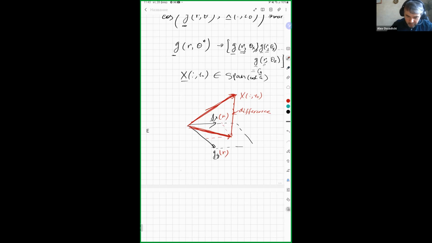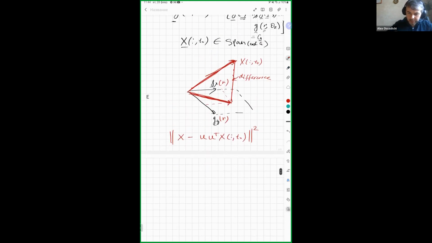And if you remember, we were trying to minimize something, u transpose x of t0. We were trying to minimize the norm of this vector, because if this norm is small, then it means that the square of this is exactly the distance of this vector linking the original vector and its projected version into the model space.